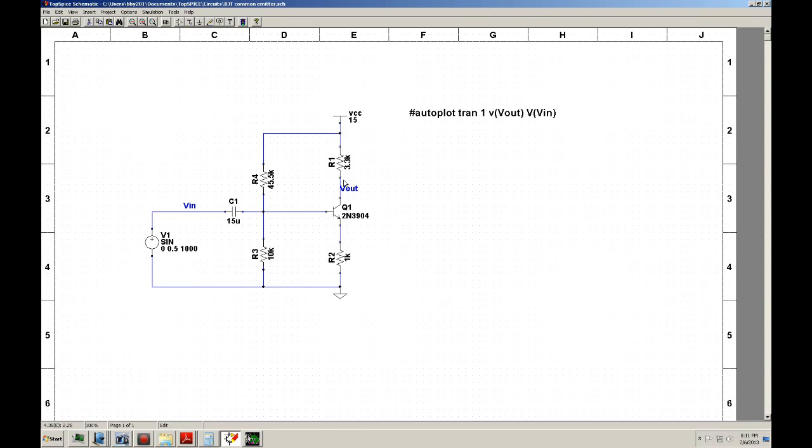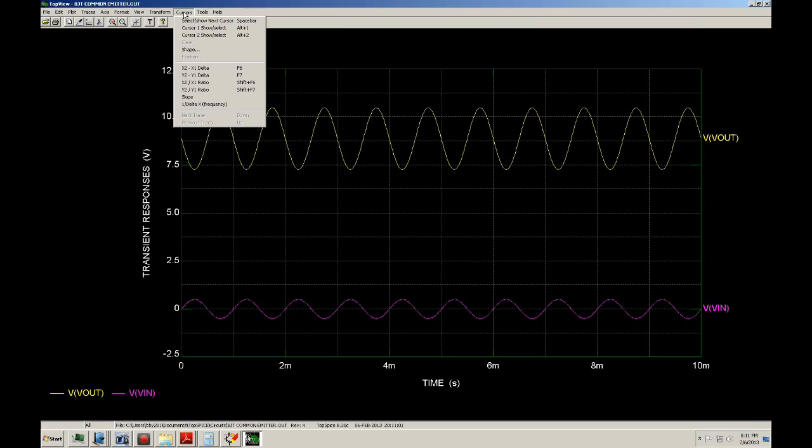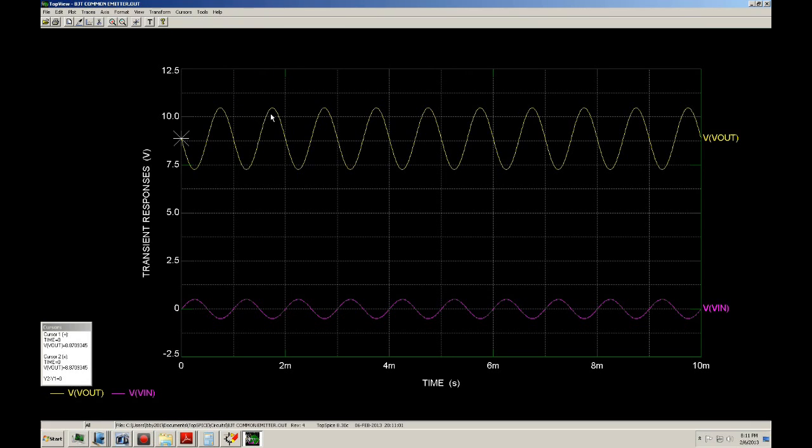So let's do this. See, this is riding on DC. Yes, that's correct. We can do it this way. Let's do the peak to peak. Well, we know that this is 500 millivolts right there, 500 millivolts down there. So the difference is 1 volt.